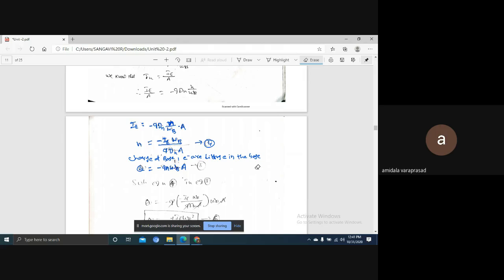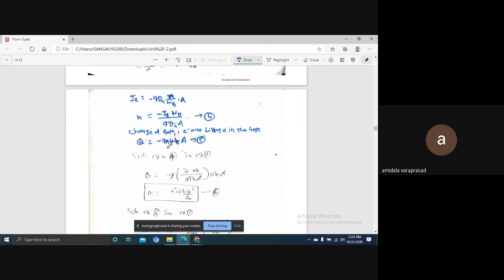Now we need to substitute in equation 5. In this equation 5, in place of n, if you substitute, this is minus q into minus IE into WB by QB into DN into A. Here A will get cancelled.